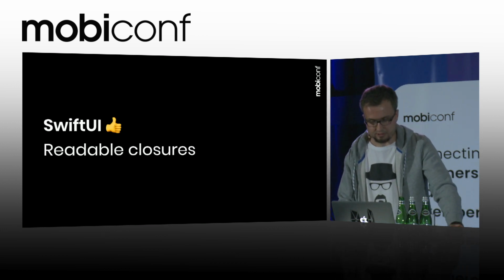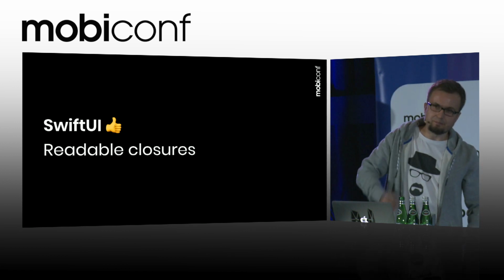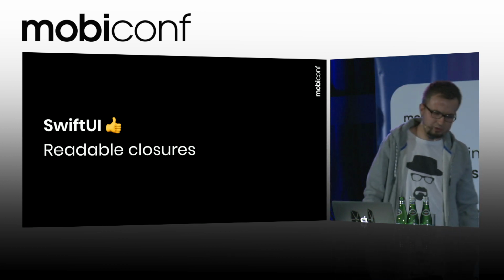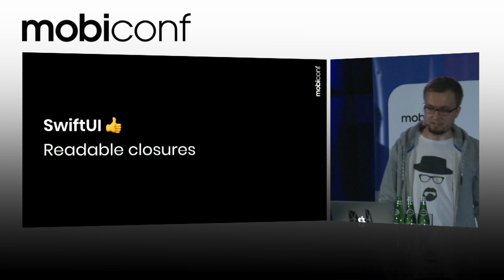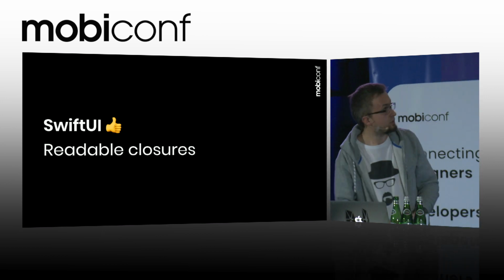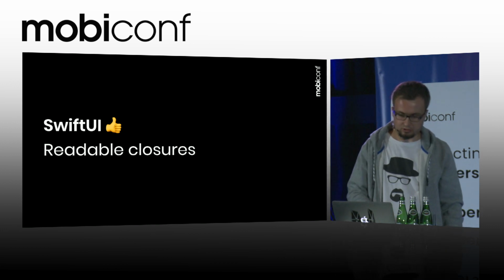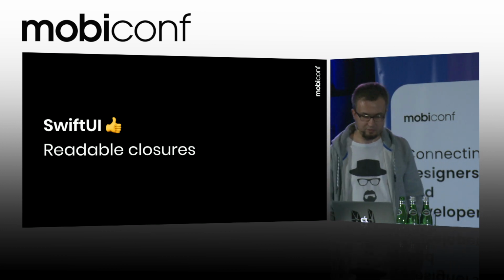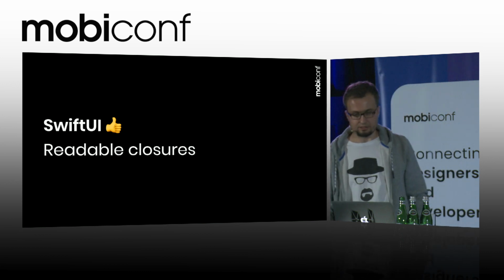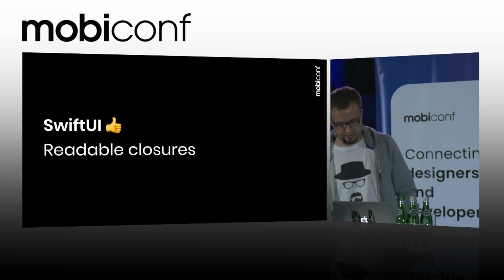Why? Because it has very readable closures, and I remember times when we were arguing where to put lifecycle events in our UIKit code. And in SwiftUI, this problem doesn't exist, because everything is declared as readable closures, and you know where to look for them, you know where to search for them. They are aggregated in the view's declaration.